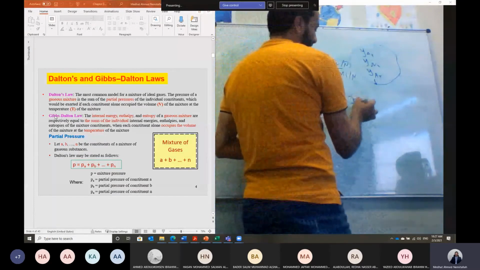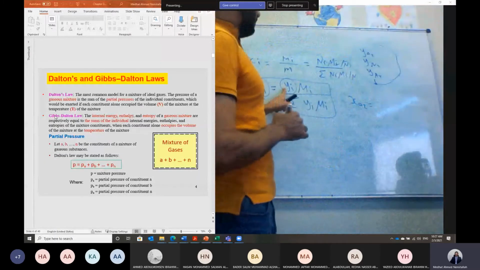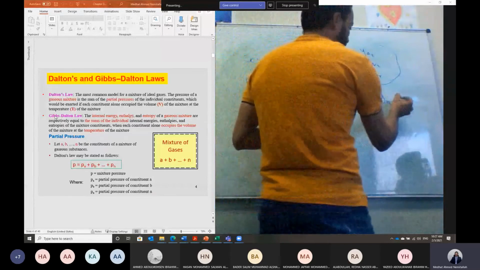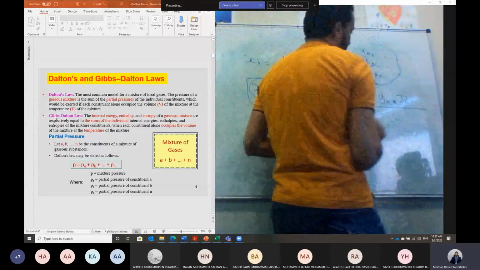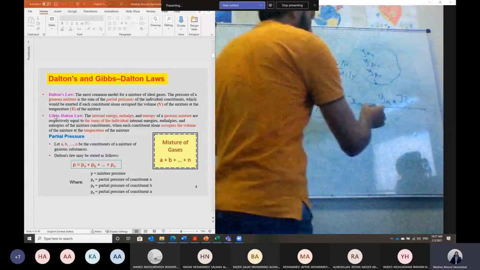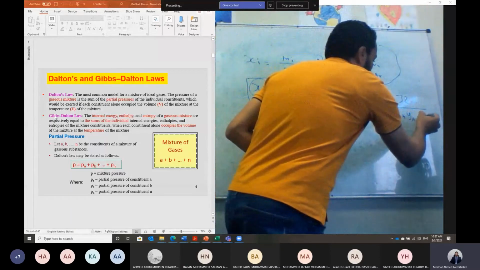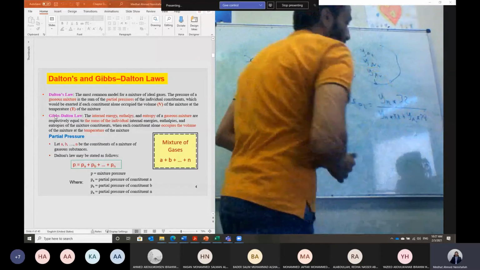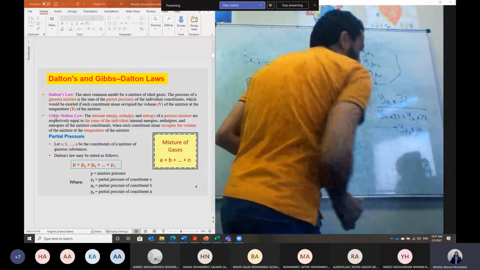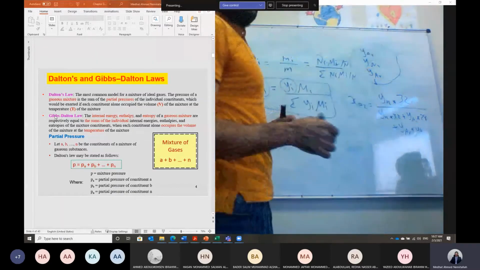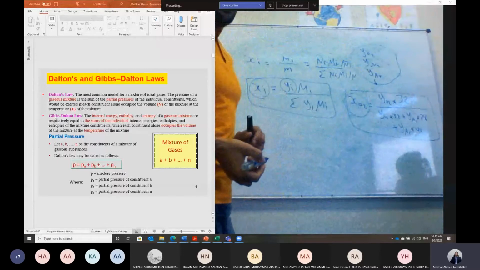To calculate the mass fraction of O2, it equals its mole fraction multiplied by the molecular weight of O2, which is 32, divided by the summation of all gases: the mole fraction of O2 multiplied by 32, plus the mole fraction of N2 multiplied by its molecular weight, which is 28, plus the mole fraction of argon multiplied by its molecular weight, which is almost 40. If I calculate this, I get the mass fraction of oxygen.